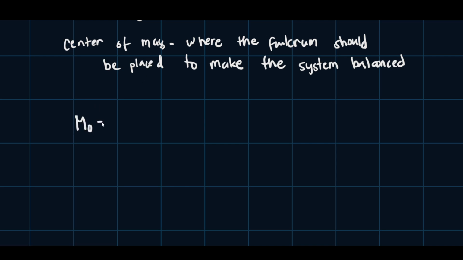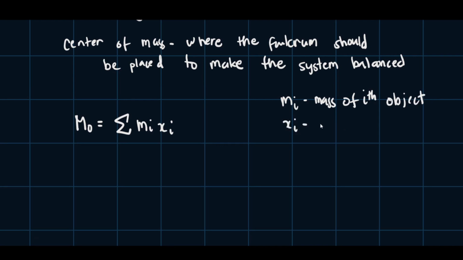Okay, the moment here, as mentioned above, it's actually the mass times the distance, no? So we're going to be solving it using this summation of the product of m sub i, x sub i, wherein m sub i denotes the mass of the ith object, and x sub i denotes the distance of the ith object.